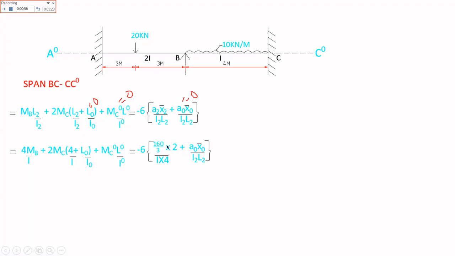Our A2 is 160 multiplied by 2 divided by I times 4, and of course the A naught X naught term for this span over I2 is 0. Since this one is 0 and this one is 0, you get 4MB plus 8MC equals 160, so you can even ignore this 0.